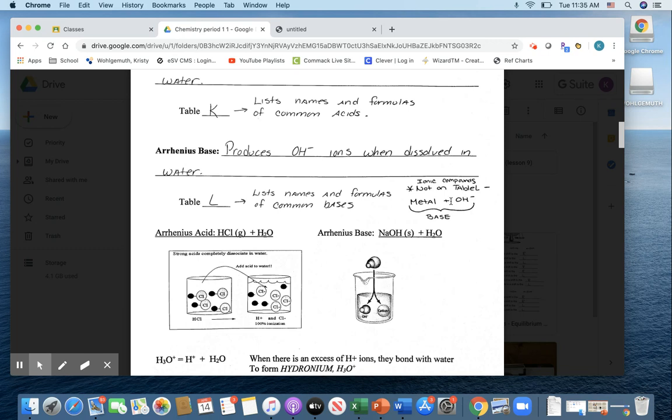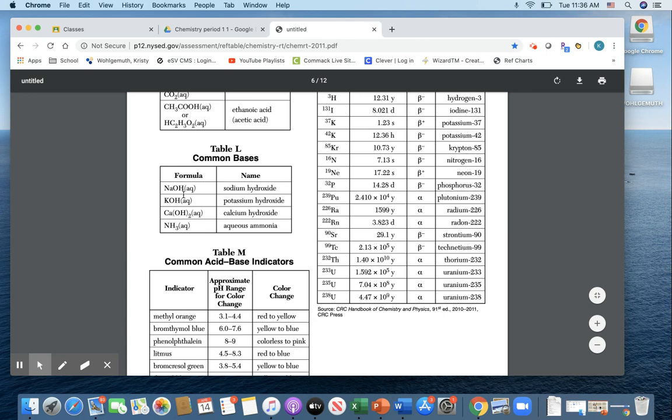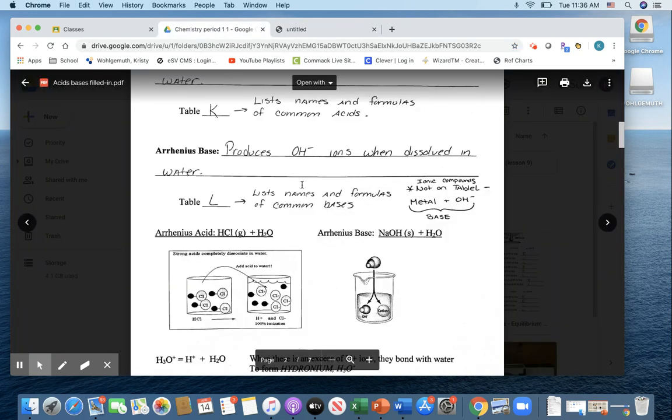Normally what will happen is you'll have a metal bonded to that hydroxide, and that will make another type of Arrhenius base. So I believe I've seen questions in the past with magnesium hydroxide, lithium hydroxide, just other metals bonded to that OH.